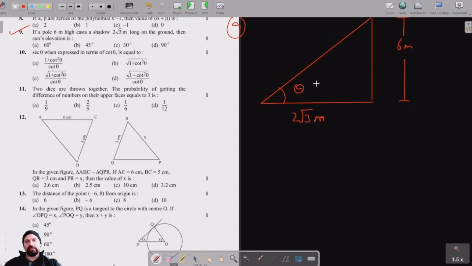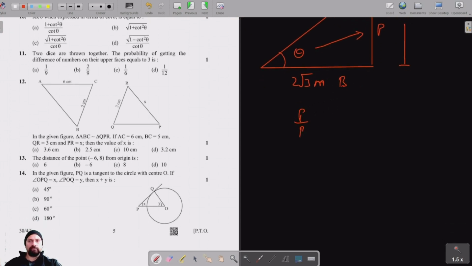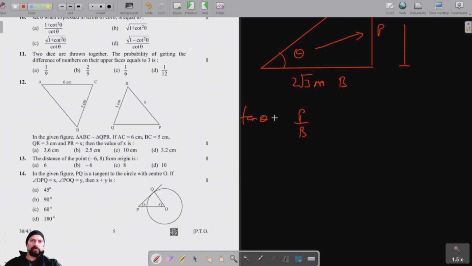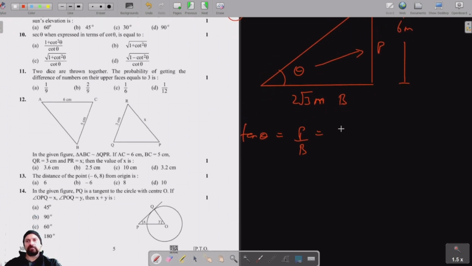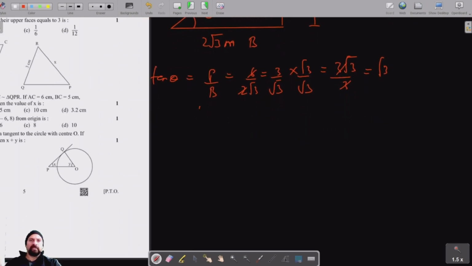Now, for this angle, we have the perpendicular and the base, and we know that the ratio of P by B is tan theta. So P is 6 by 2 root 3, which is equal to 3 by root 3. If we rationalize this, it is equal to 3 root 3 divided by 3, which is equal to root 3.